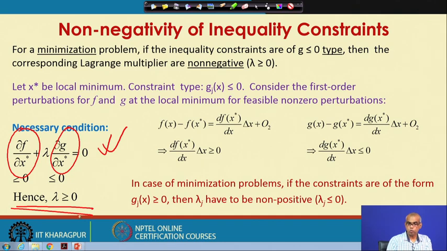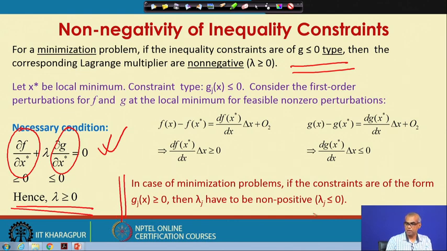So, this is true when I have a minimization problem and the inequality constraints are of g less or equal to 0 type. If I have a minimization problem where the constraints are of the g greater or equal to 0 type, then the Lagrange multiplier must be non-positive.